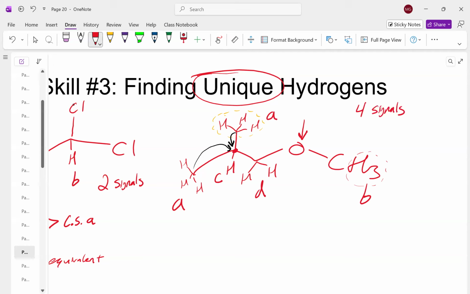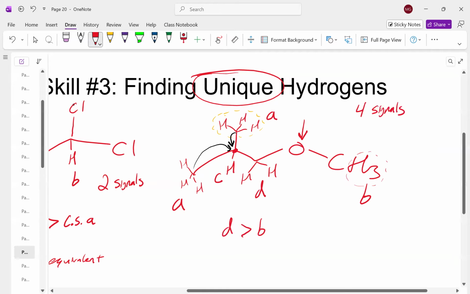So let's focus on D and B. What do you think between D and B would have a higher chemical shift? Well, D has more stuff around it. Not only does it have an oxygen on one side, it's got a bunch of carbons on the other side. B just has that one oxygen there. So they'll be close to each other, but since D has more stuff, its chemical shift will be slightly higher.